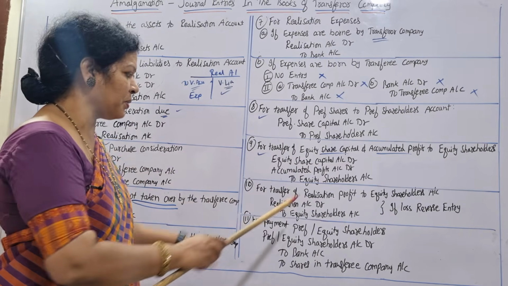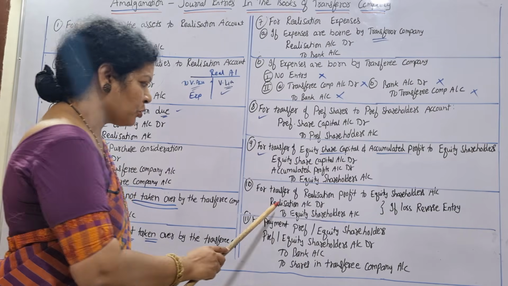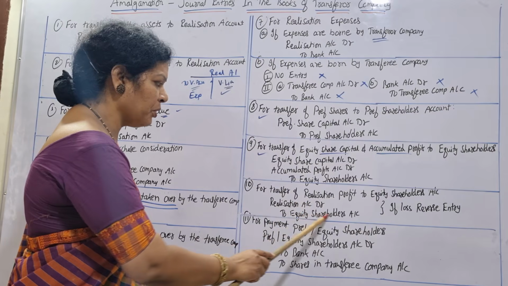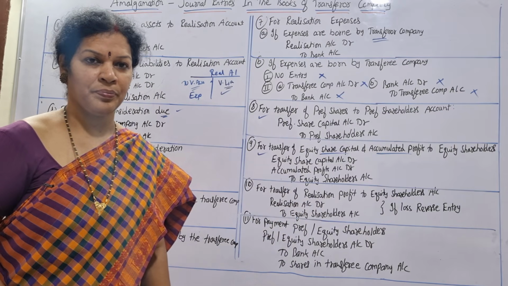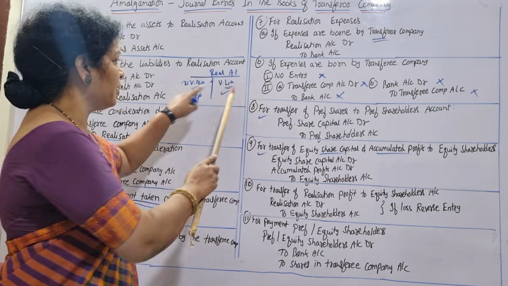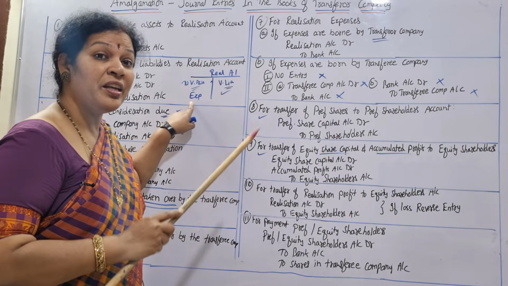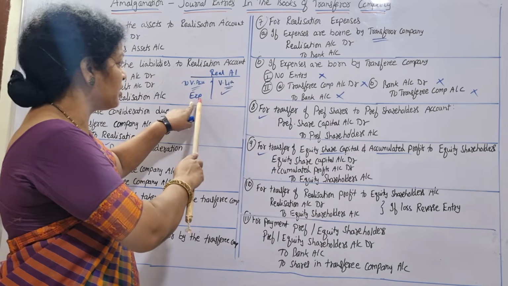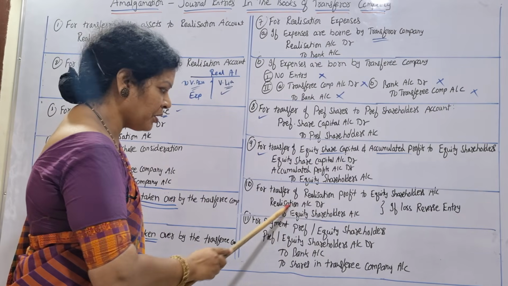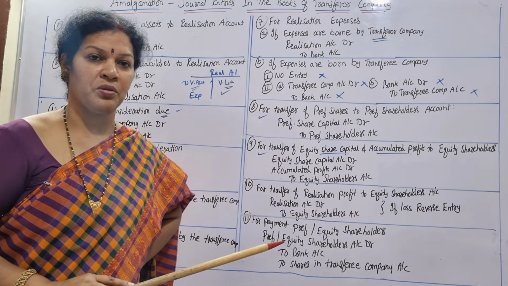Profit is there, we are transferring it to the equity shareholders. So here you write realization account attached to equity shareholders account.